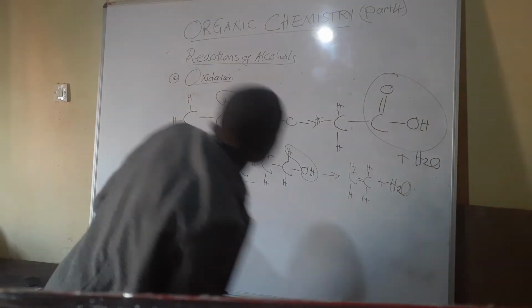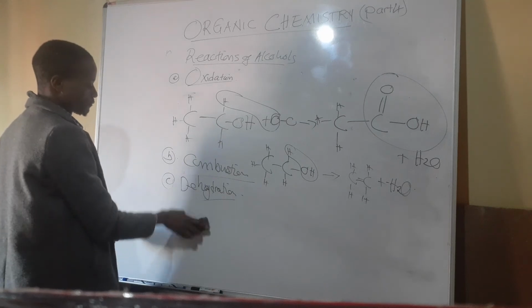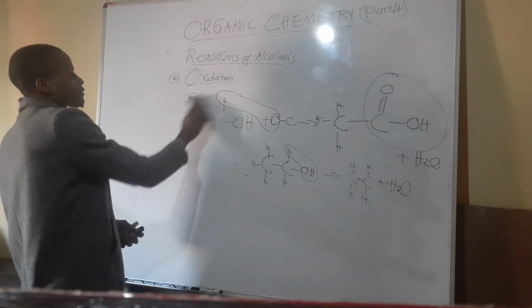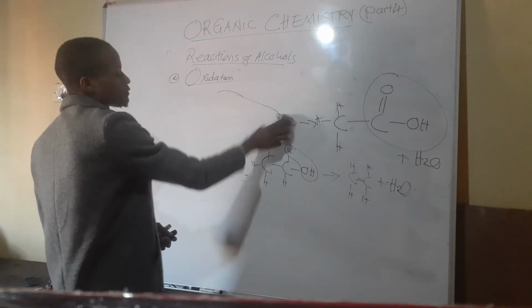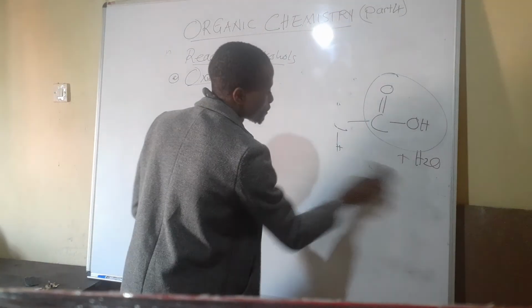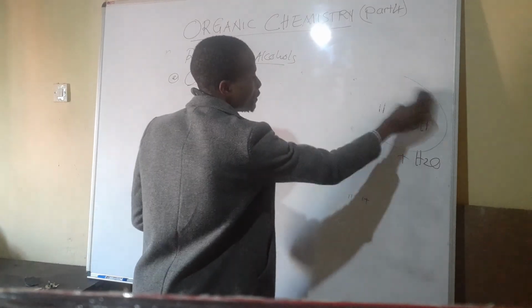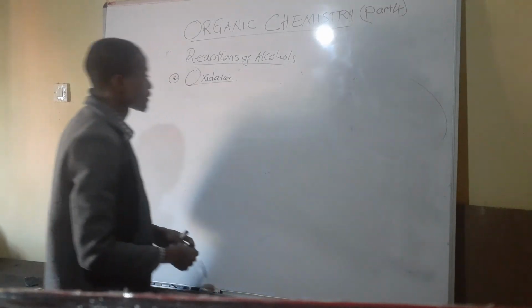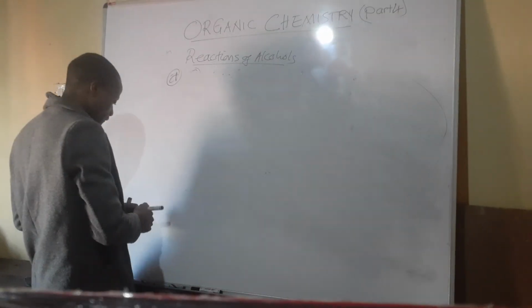Esterification is the process of making esters. So this takes place in the reaction of a carboxylic acid and an alcohol. So alcohols undergo the reaction called esterification. Apart from the reactions we have been discussing, the fourth one is the esterification reaction.